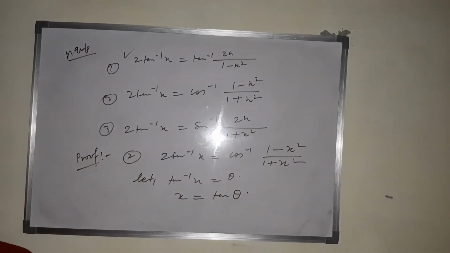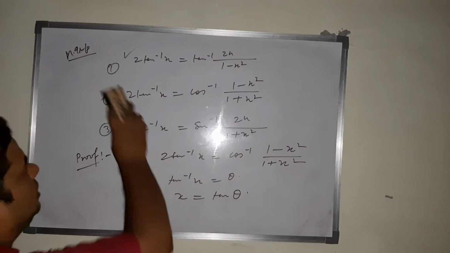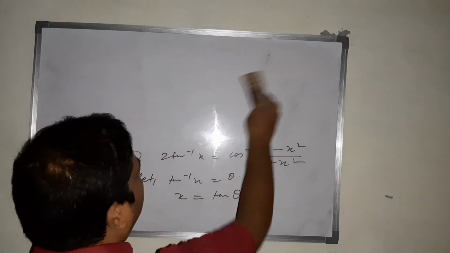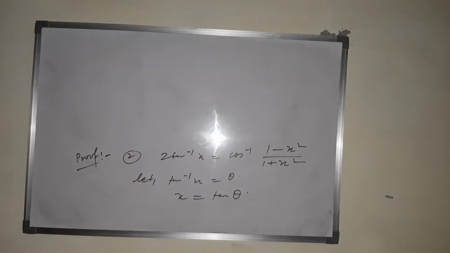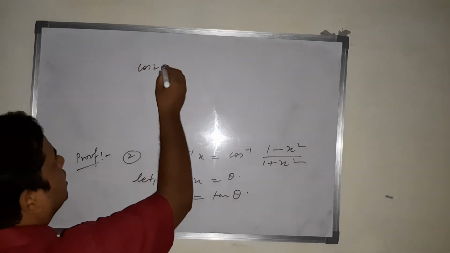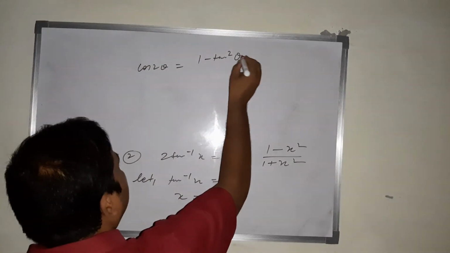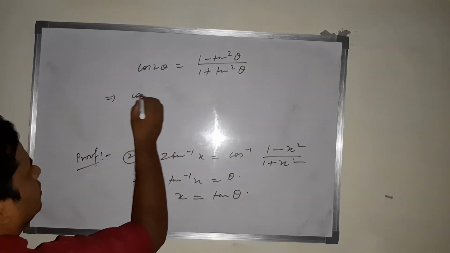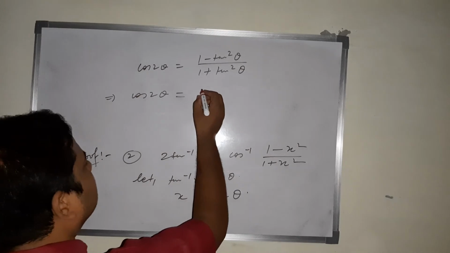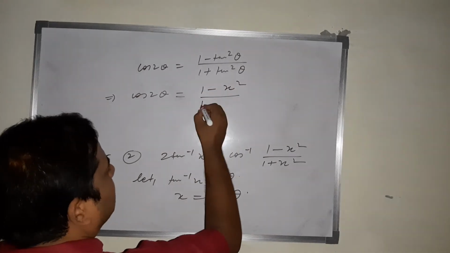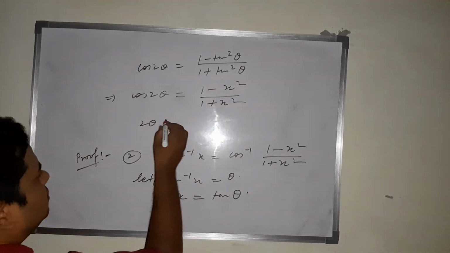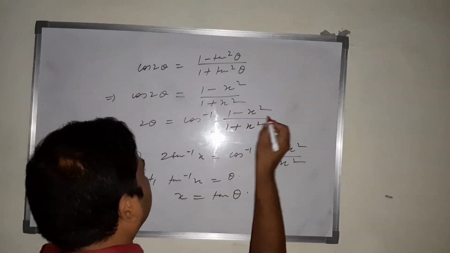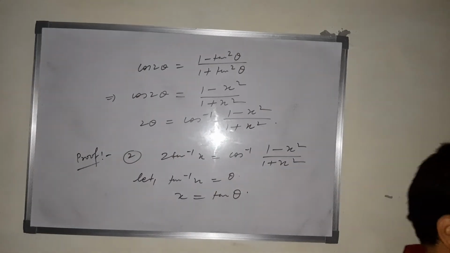Now using the formula for cos 2 theta, we get cos 2 theta is equal to 1 minus tan square theta upon 1 plus tan square theta. So cos 2 theta is equal to 1 minus x square upon 1 plus x square. So 2 theta is equal to cos inverse of (1 minus x square) upon (1 plus x square).